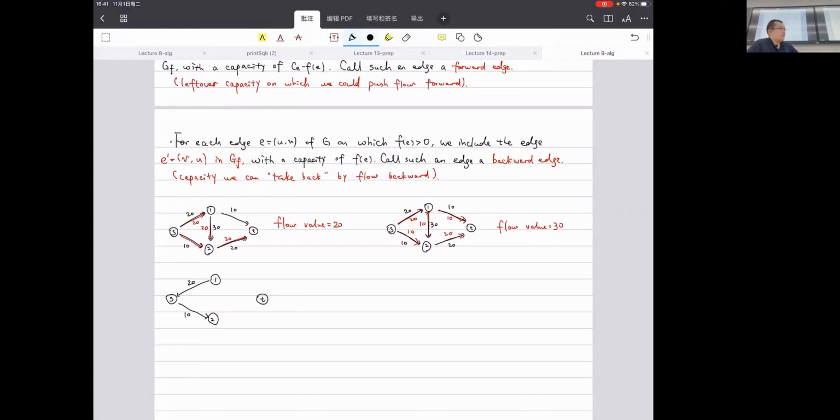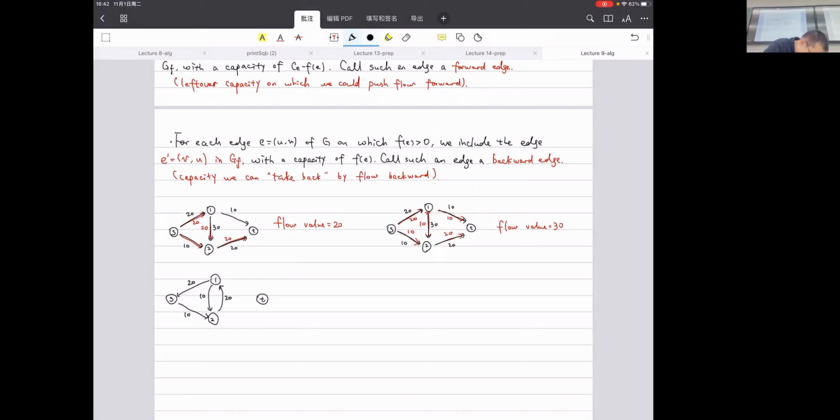You only use 20 of them, and 20 is larger than 0. So you use some part of that, but you didn't utilize all of it. For such edges, you're going to have both a forward edge and a backward edge. The value of the forward edge is going to be 10, because 10 is the remaining capacity that you can further utilize. And since you already used 20, the backward edge is going to be 20.